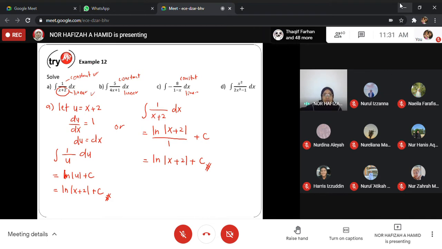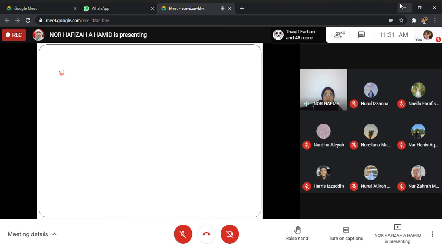So untuk yang B, saya solve using formula je. You need to integrate 5 over 4x plus 1 with respect to x. So also equal to 5 times 1 over 4x plus 1 dx.